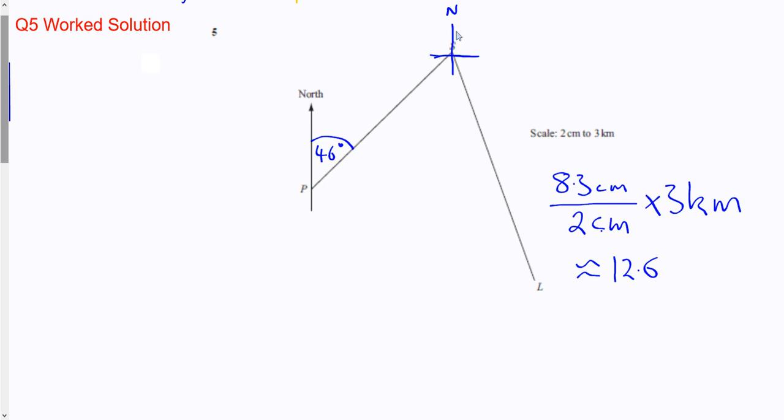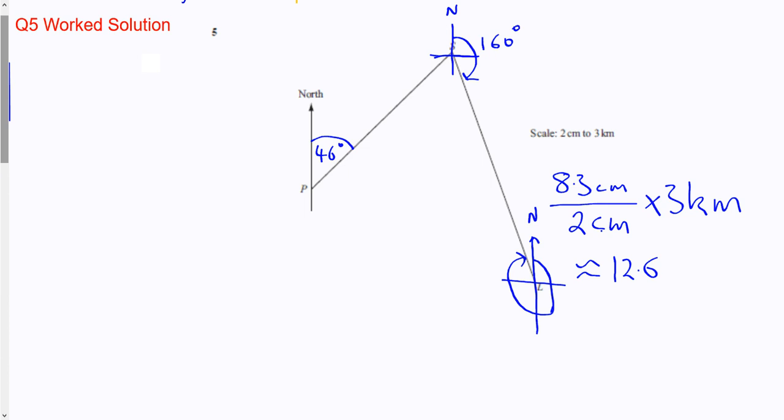We know that the bearing of L from S, relative to north, is 160 degrees. And what we're being asked is, what's the bearing of S from L? So this is north here. What's the bearing relative to north? How many degrees from here to here?